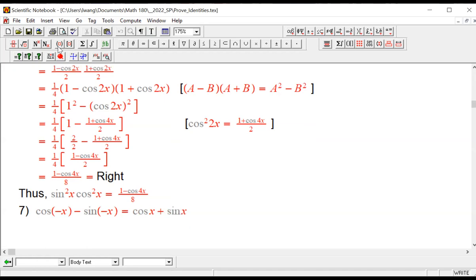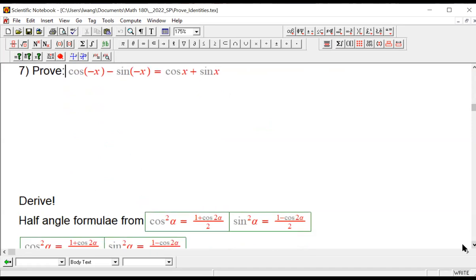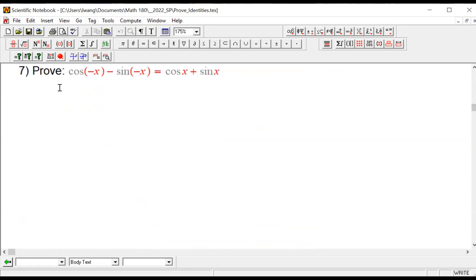This identity seems rather straightforward. However, this identity is for us to apply the even function and odd function property, okay? So let's prove it.